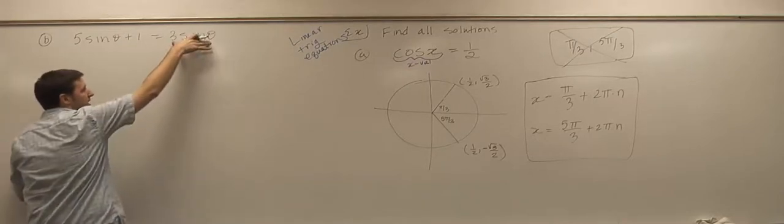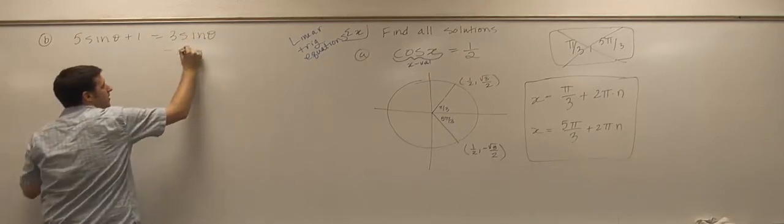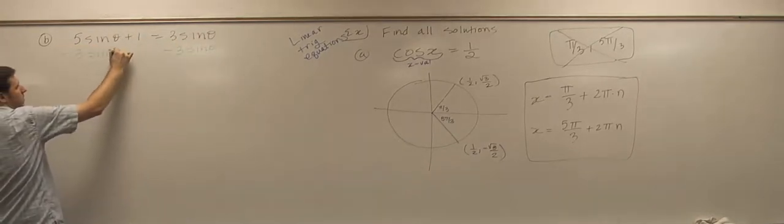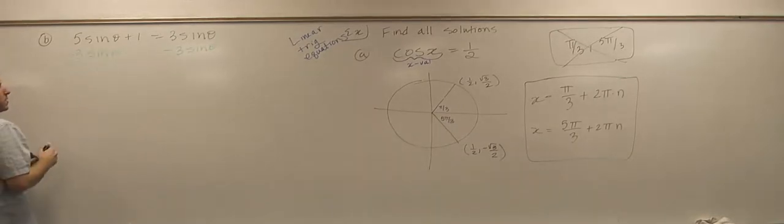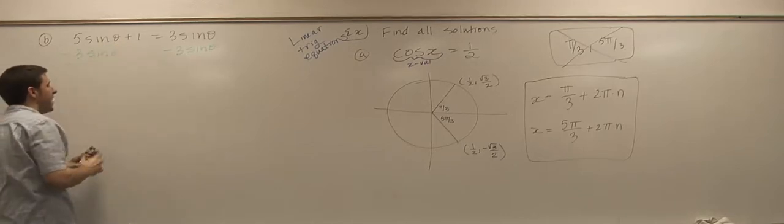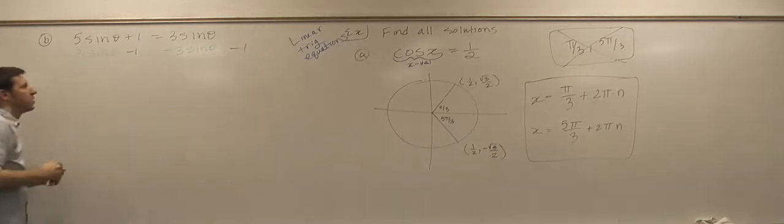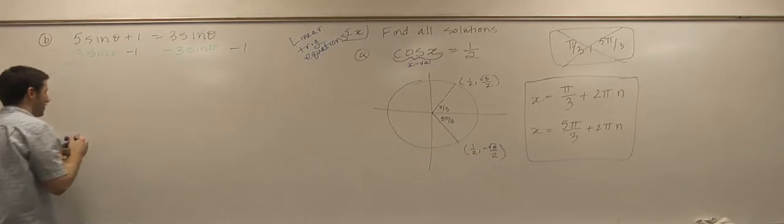So I'm going to treat this kind of like an x and just subtract it over to the other side. But I have to subtract the whole term. But then this 1 doesn't have a variable in it, so I'm going to move it to the other side. So I got rid of these.